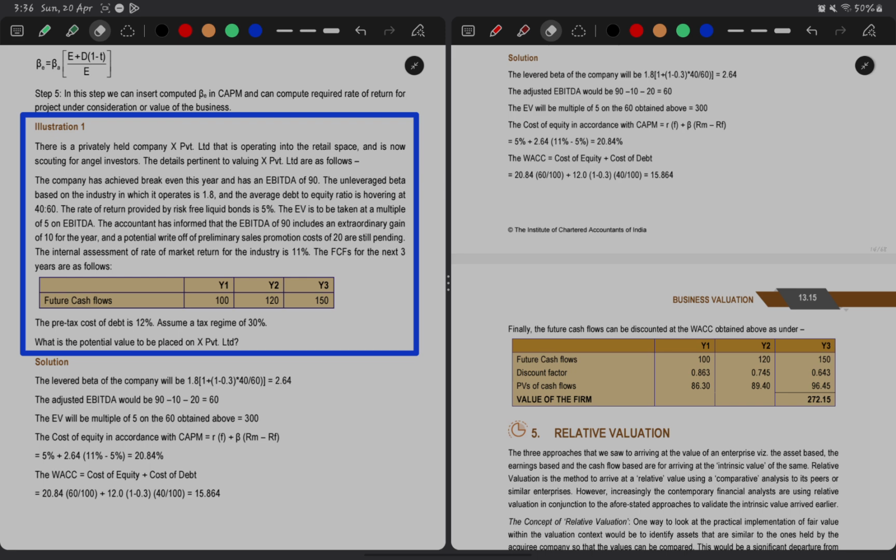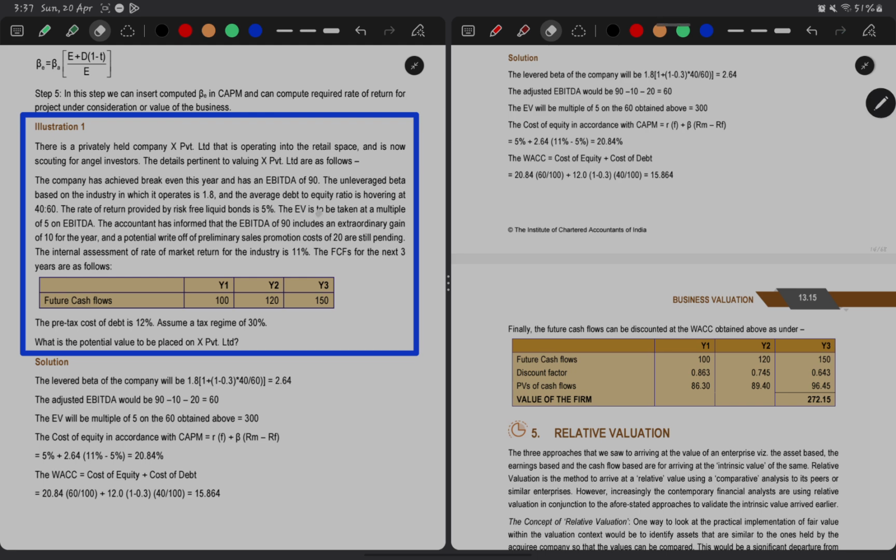Unlevered beta is nothing but the equity portion of the company based on the industry's terms. It will not include the debt portion of the company, because that depends on the company, right? So the unlevered beta will give us the idea of the industry's risk, not influenced by the individual company's debt.